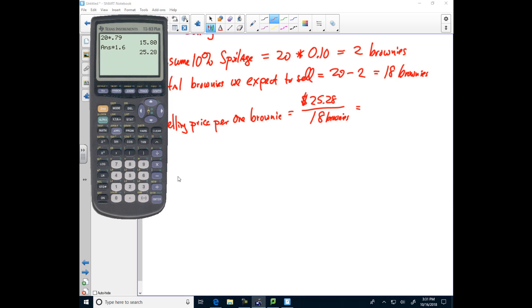So do that. Divided by 18. So we need to price these at $1.40 a brownie. I'm actually going to price mine at $1.49 because there's something psychological about that 9.